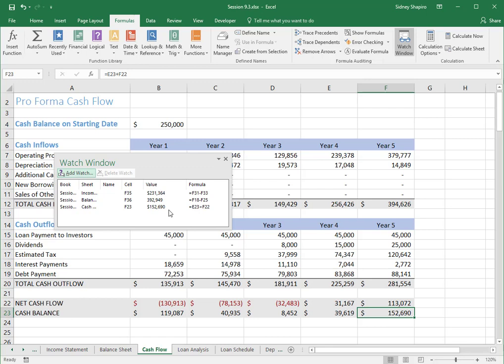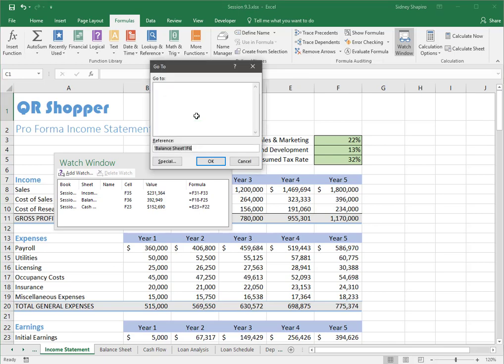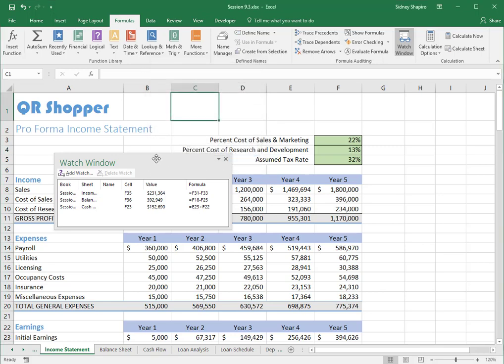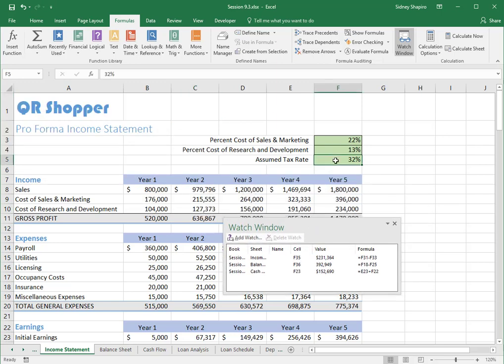Okay, so now we'll go to the top of the income statement worksheet and press F5. Sorry, we'll go to cell F5. Here we go, F5.